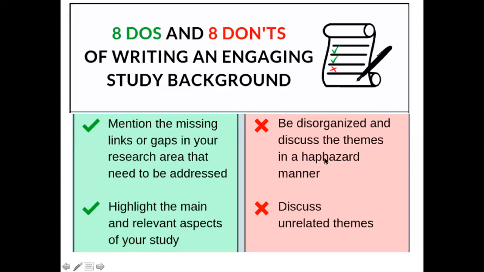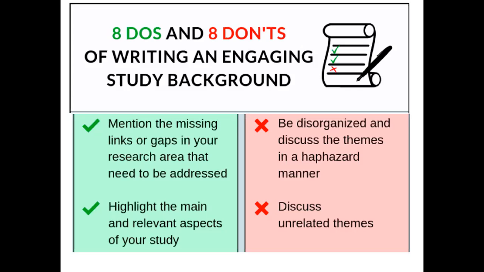And then you should be organized. Disorganized means in some cases you try to show what people have done, and in the beginning you show what the people have already done.